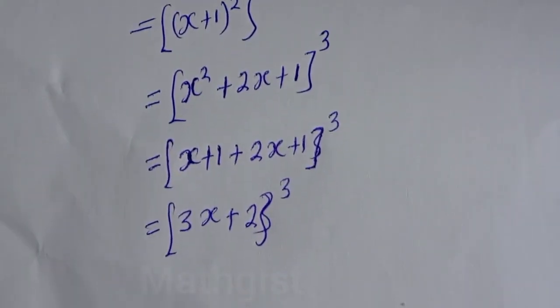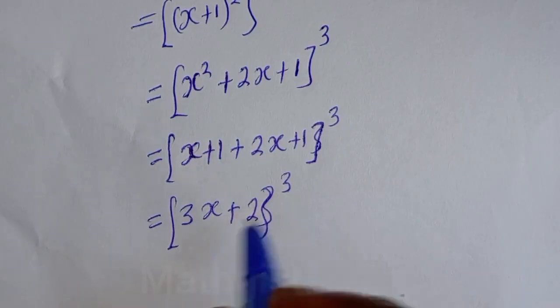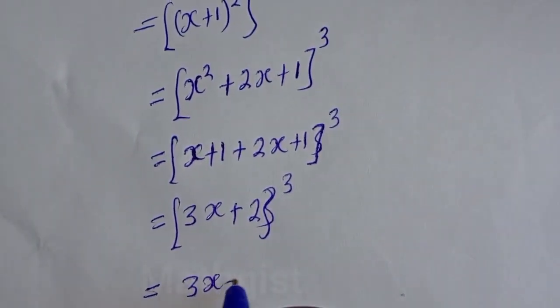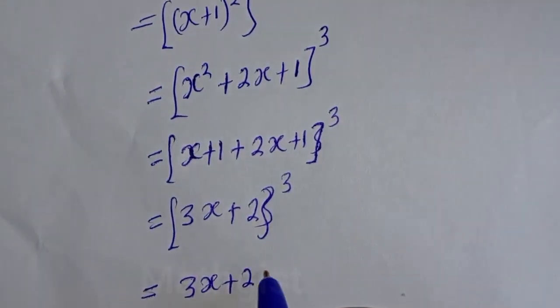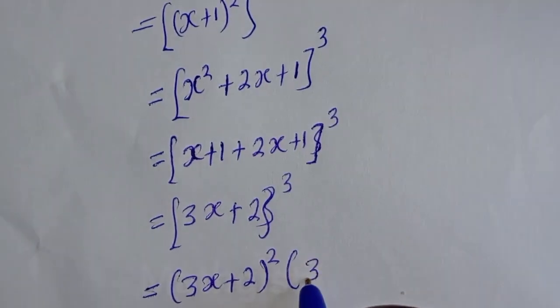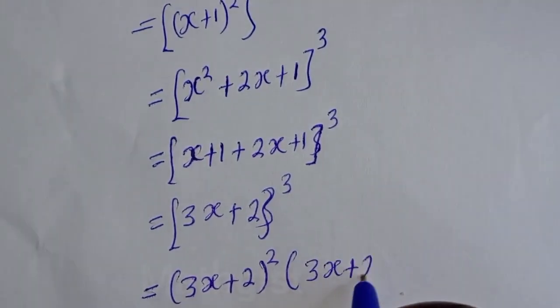Then (3x + 2)³ can be written as (3x + 2)² multiplied by (3x + 2).